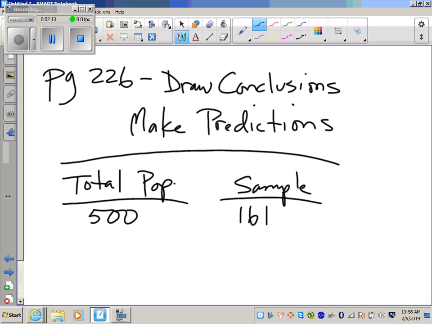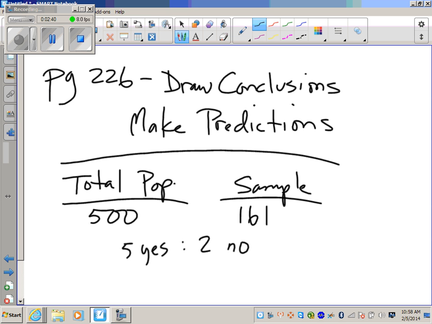That's who returned it. And for every 5 that said yes, 2 said no. Okay, so 5 that said yes, 2 said no. Did more people say yes, or did more people say no?